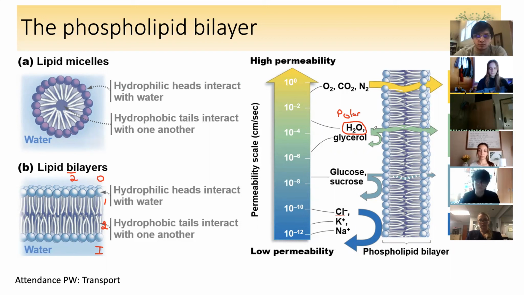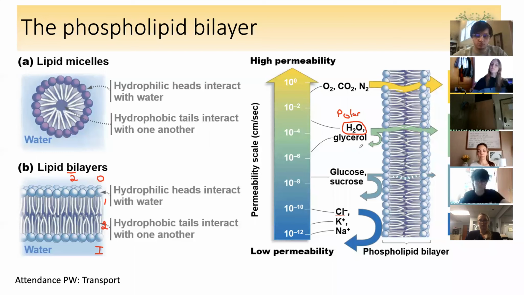Okay, so we will see some water be able to get through. You all are looking at some of this here in the next couple weeks in lab, right? You're looking at osmosis, which is the movement of water across a selectively permeable membrane. And so this is how the water is able to travel through, but just in small quantities. We'll see how we can get large amounts of it through here in just a little bit.